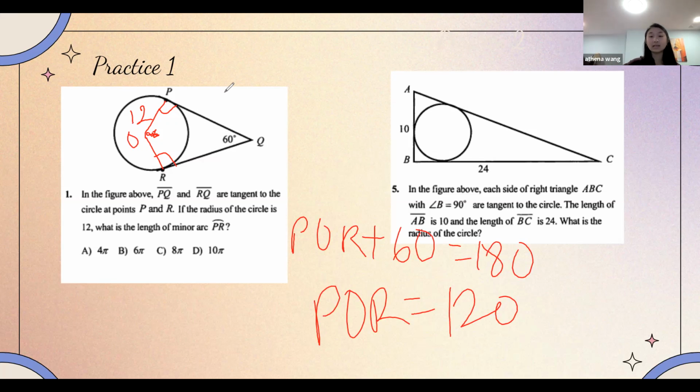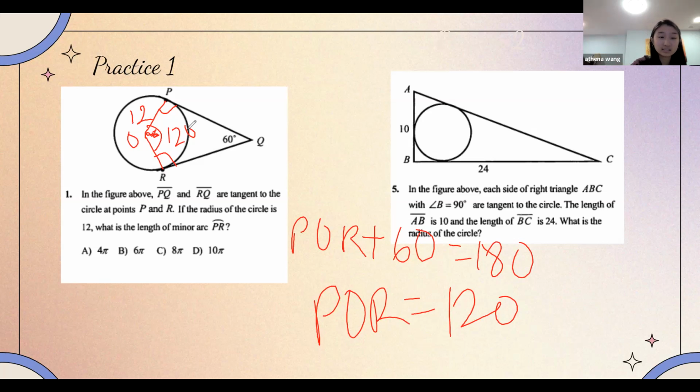Okay, so now since we know that this is 120 degrees, we can apply our sector formula. That was just a list of things that are equal to the angle over the total angle of the circle.